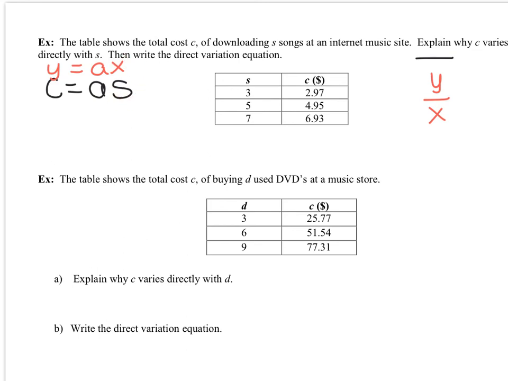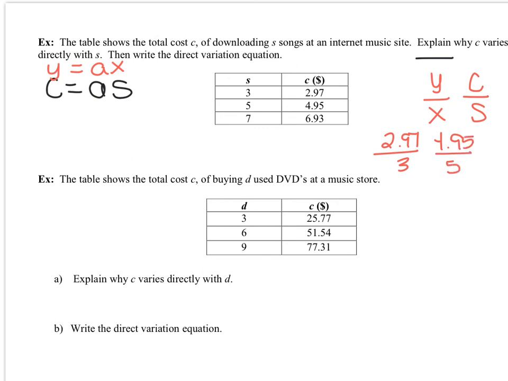So what that means is if every time we divide C by S, it's constant, then it's going to be direct variation. So my first C is 297, and I'm going to divide that by 3. And if you do that, you're going to get 0.99 or 99 cents. My second cost is $4.95.